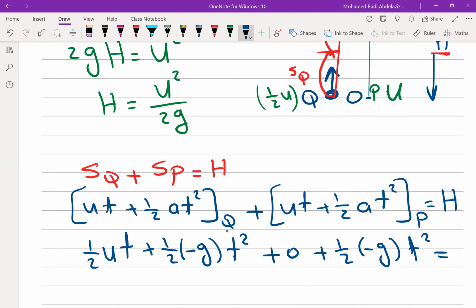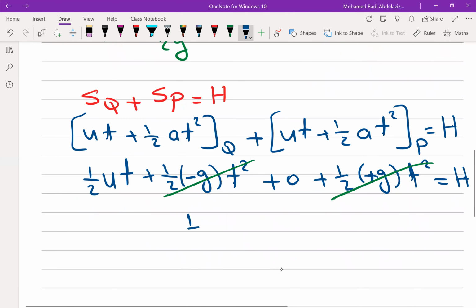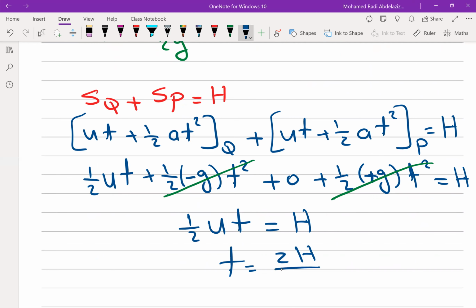Sorry, this g is positive, as it moves down. Now this part cancels with this part to be 0. So we have ut over 2 is equal to h. You can find the time, which will be 2h divided by u.